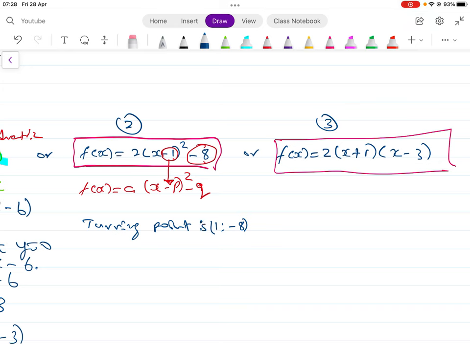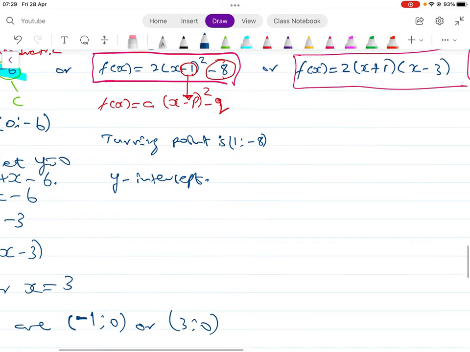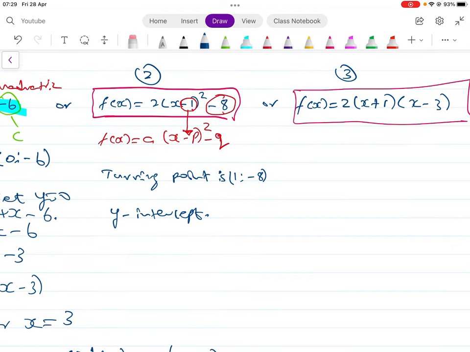And then what else do you need? You need the intercepts. Let's start with the y-intercept, it's quite fast to get, but it doesn't matter, you can get them all. For the y-intercept, you let x equal 0.